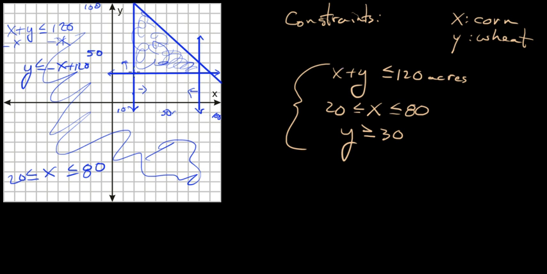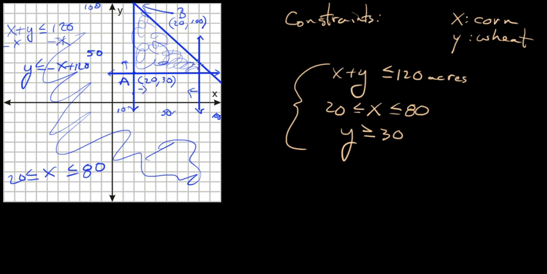You notice that I've got points here that if I were to label these points, I would say this is point A, and the coordinates for A are 20, 30. Okay. This is B, and the coordinates are 20 and 100.